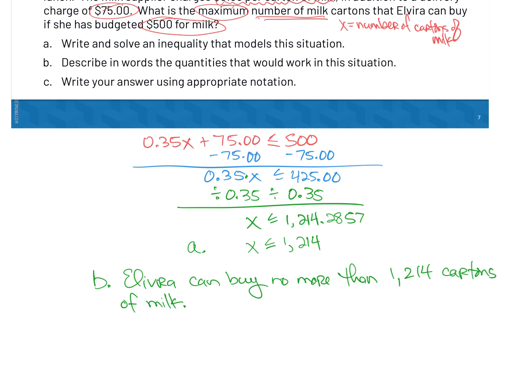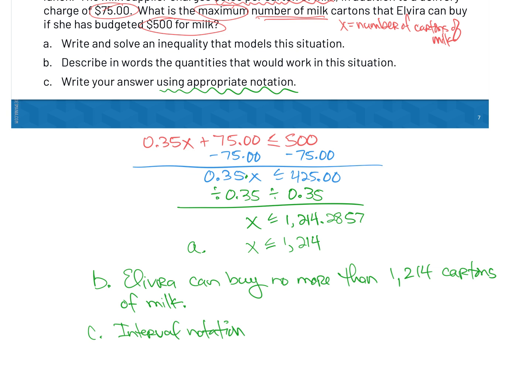Okay, so now let's think about this. We're going to write our answer using appropriate notation. This is what is called interval notation. Now, can she buy negative cartons? Think about it. No, we can't.